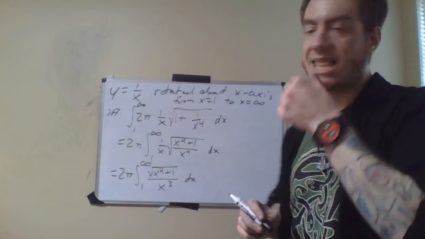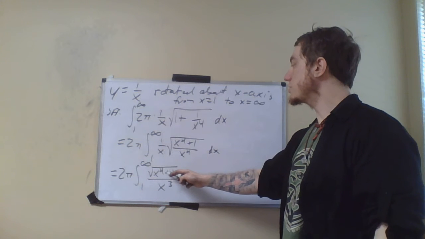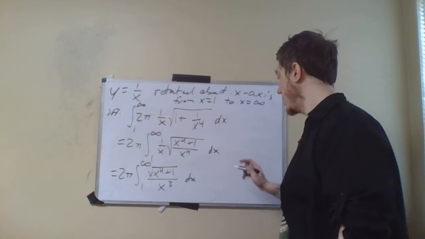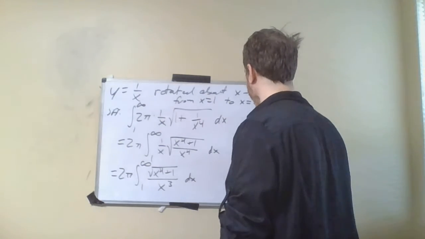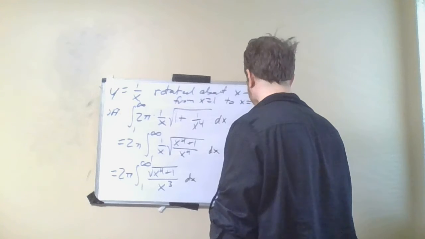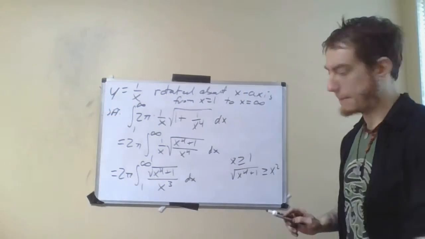We can see that this quantity on the top is always going to be a little bit bigger than x squared. So what I can say is that for x bigger than or equal to 1, the square root of x to the 4th plus 1 is bigger than or equal to x squared.